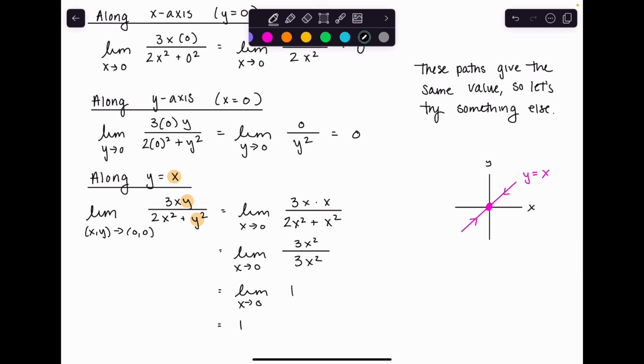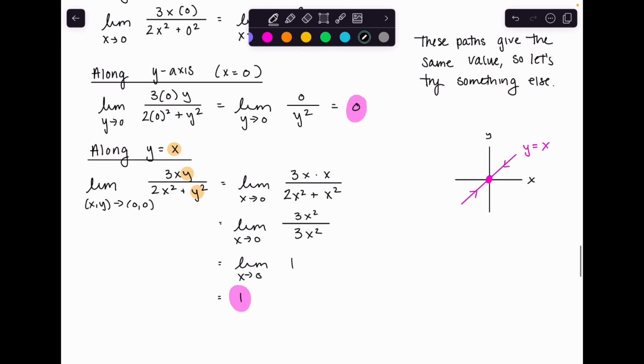So this limit is equal to 1. Okay. So I have found two paths that give me differing values. So I can say, since 0 is not the same as 1, the limit does not exist by the two-path test.